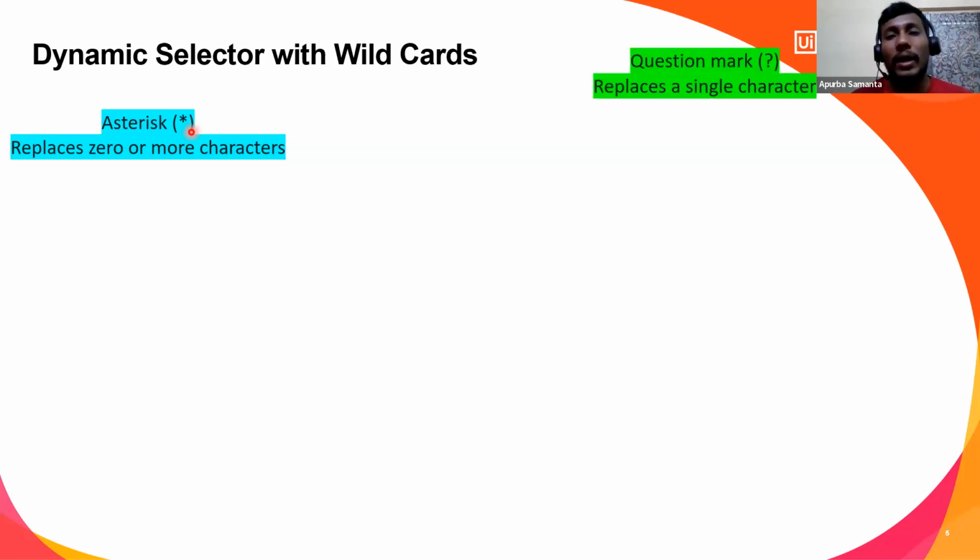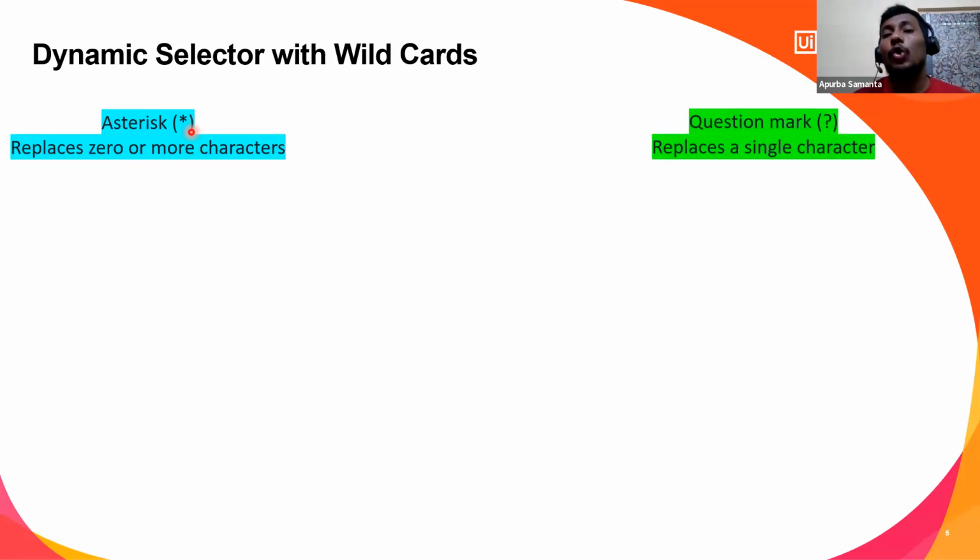The second one is the question mark. The question mark always replaces one single character. Suppose you are making a dynamic selector where you need to change just one particular element.